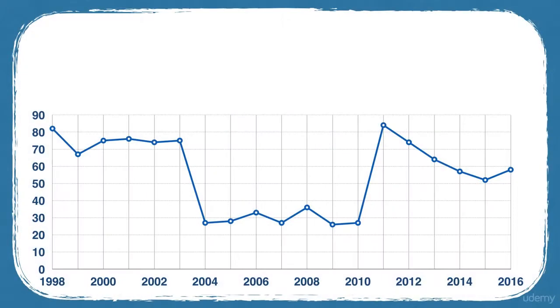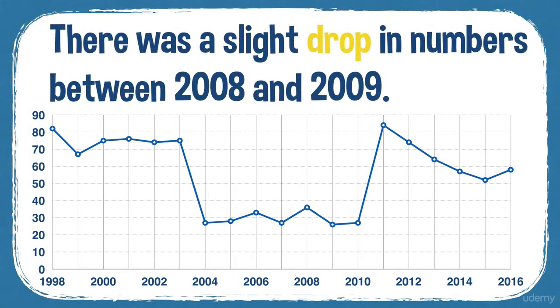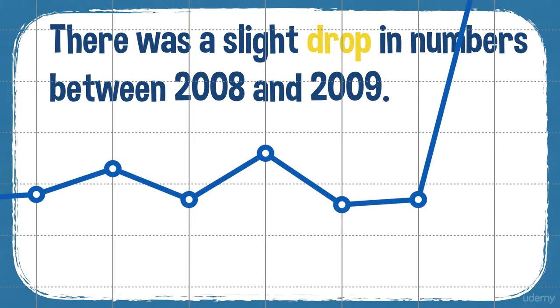Your next word is drop. This is another general word for downward trends. It's a very general word, in fact. But useful for small, kind of uninteresting decreases, nothing exciting. So there was a slight drop in numbers between 2008 and 2009.